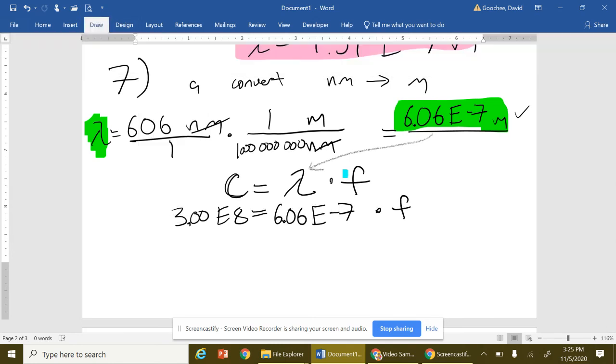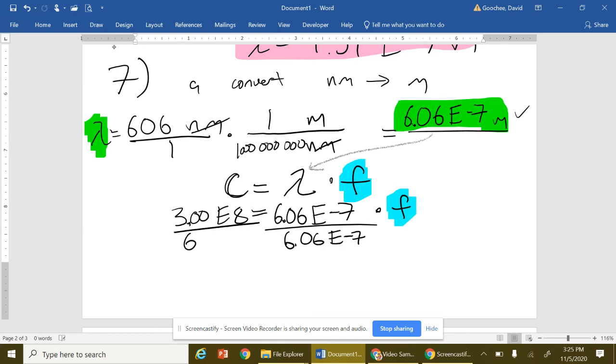What is the frequency? Well, this is the same thing we were doing before. I'm just going to divide to get frequency by itself. So 3 times 10 to the 8th divided by 6.06 times 10 to the negative 7th.